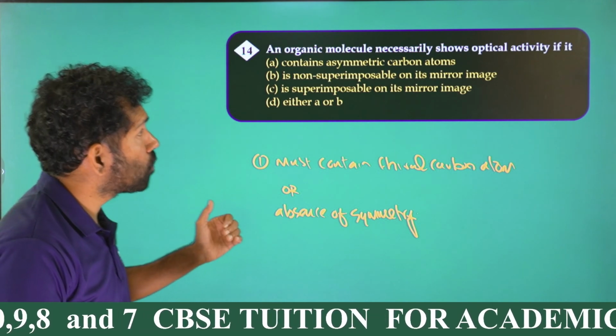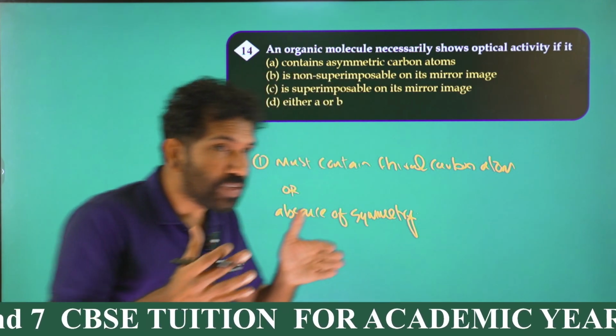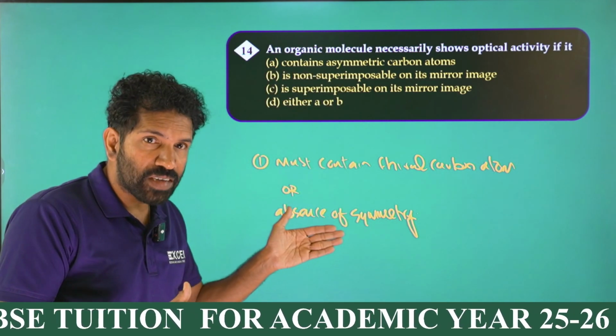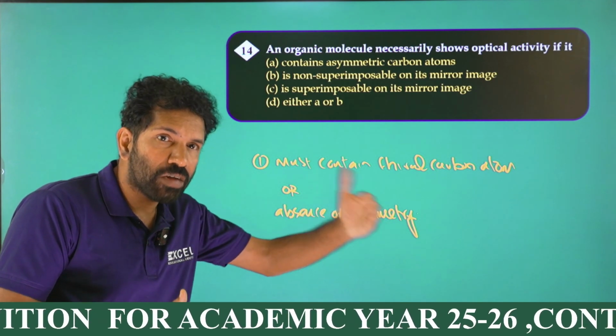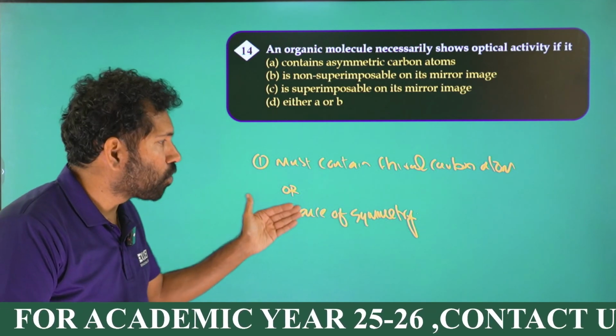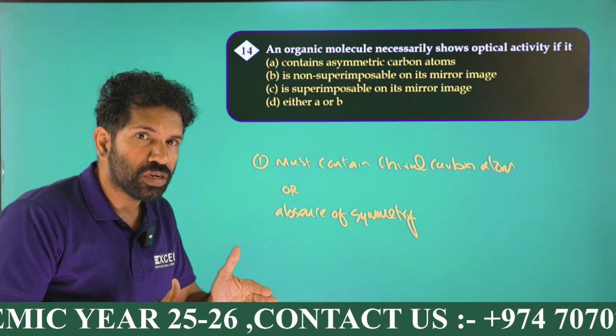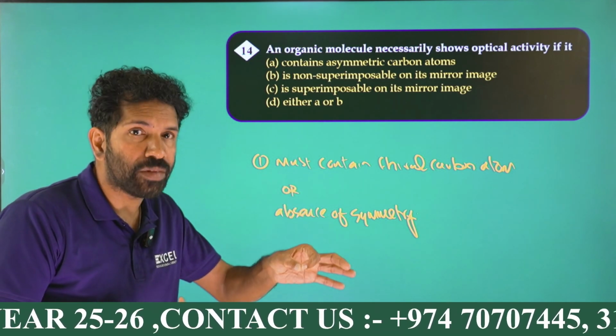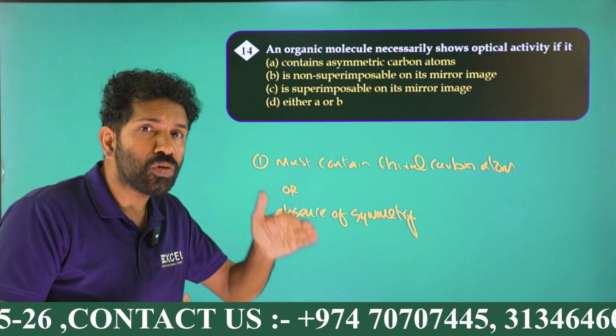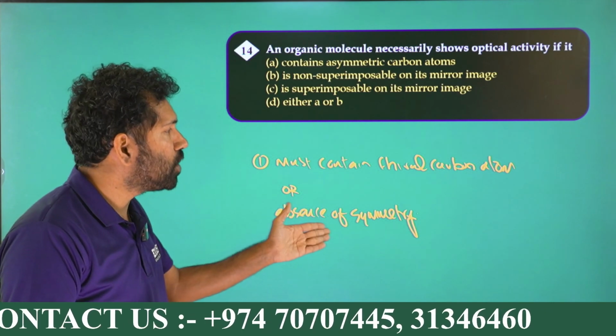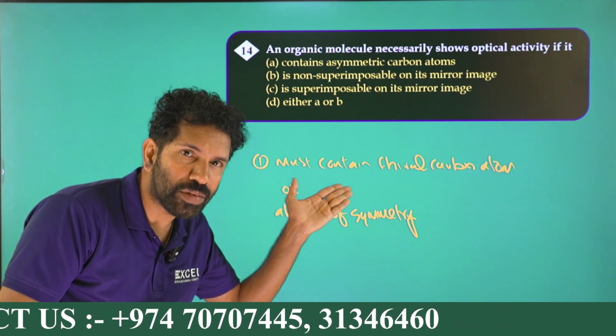So the conditions for showing optical activity are: the compound must contain a chiral carbon atom, or the compound must have an absence of symmetry. These are the two conditions. If a compound has a chiral carbon atom, it will have no symmetry, so the absence of symmetry is nothing but the presence of a chiral carbon atom.